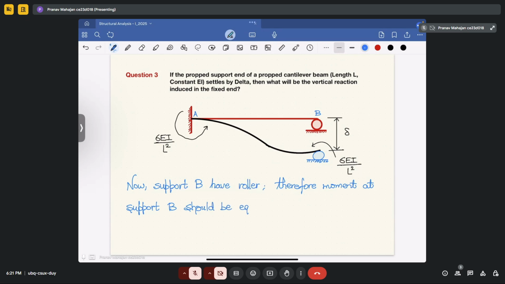You have seen previously also that if your end is a hinge or roller, that means no moment should be there at that particular point, correct?